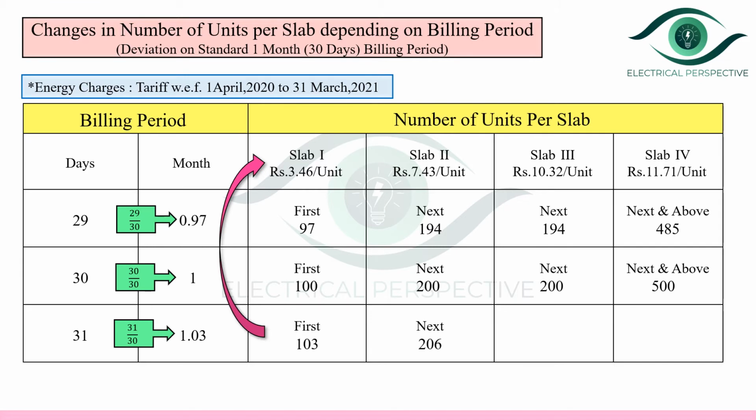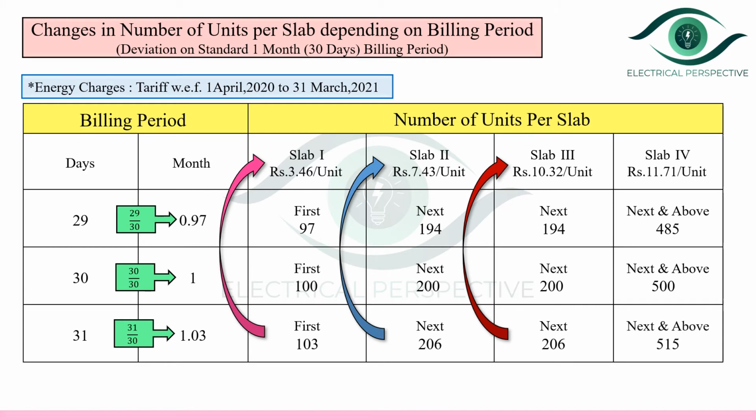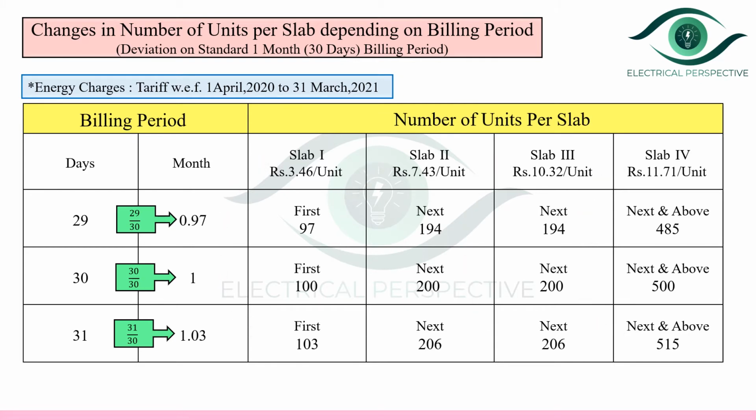If your consumption is more, the next 206 units will be considered under slab 2, and again the next 206 units under slab 3. The next and above 515 units will be considered under slab 4 and charged at 11.71 rupees per unit. So using the same concept, the number of units per slab can be calculated for different billing periods.